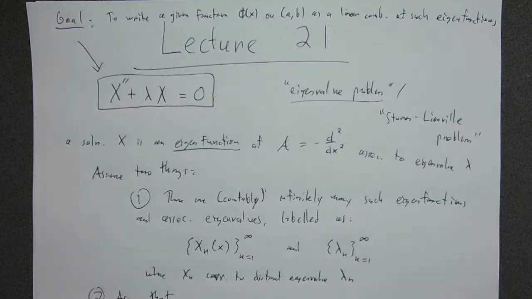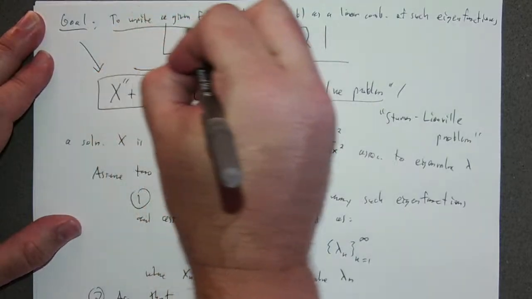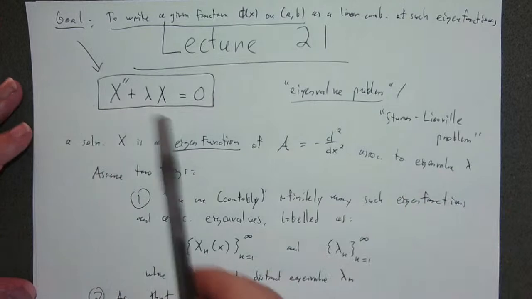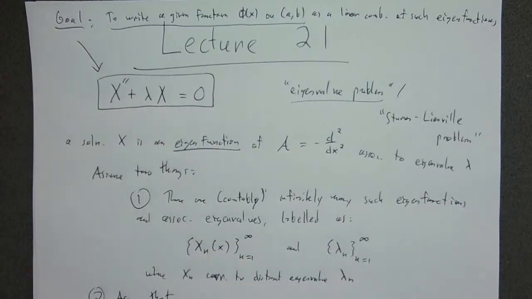So the goal is actually to write a given function phi of x defined on an interval as a linear combination of eigenfunctions arising out of this equation. That's why we want to solve this.